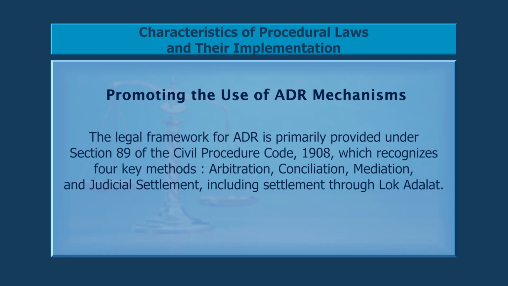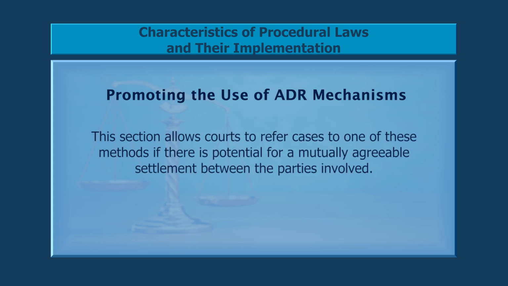The legal framework for ADR is primarily provided under Section 89 of the Civil Procedure Code, 1908, which recognizes 4 key methods: arbitration, conciliation, mediation and judicial settlement, including settlement through Lok Adalat. This section allows courts to refer cases to one of these methods if there is a potential for a mutually agreeable settlement between the parties involved.